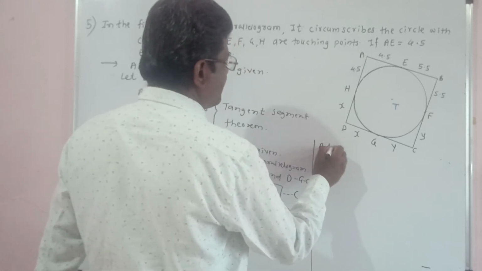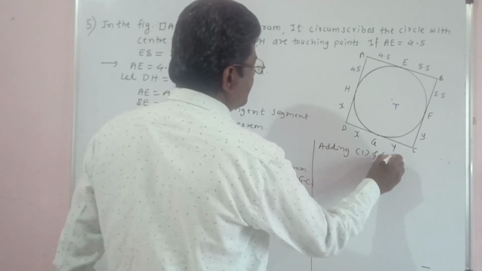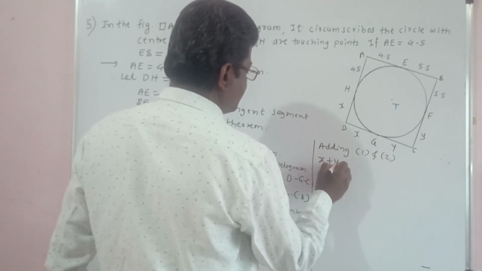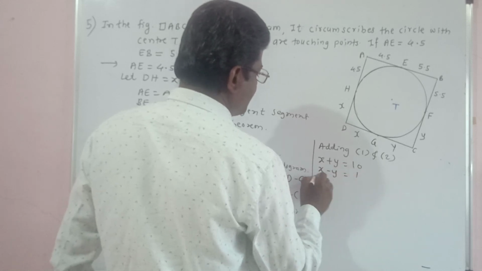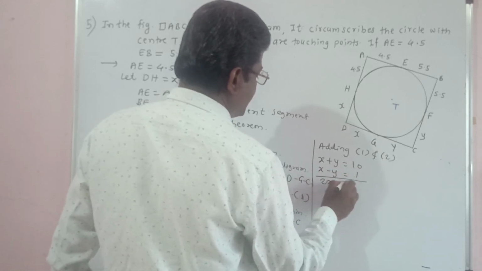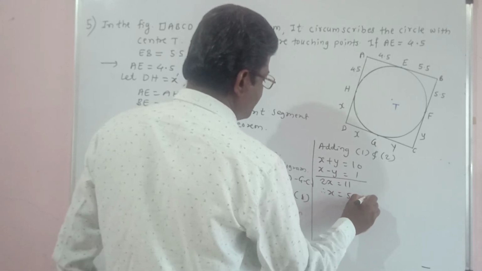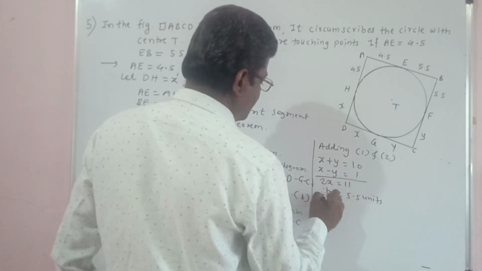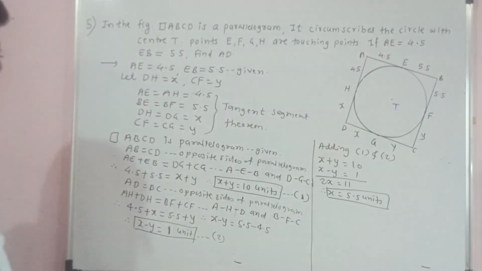Now adding equations 1 and 2, we get X plus Y is equal to 10, X minus Y is equal to 1, 2X is equal to 11, X is equal to 5.5 units. So we get the value of X as 5.5 units.